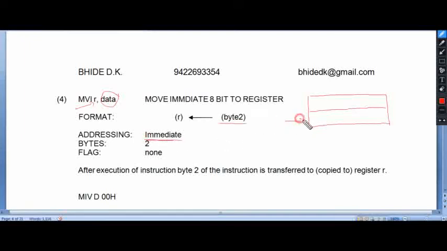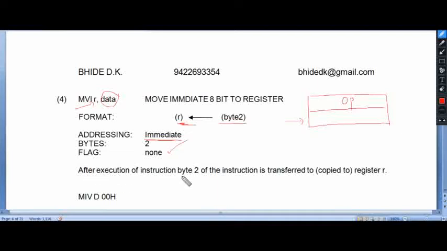When byte 2 of the instruction represents the number or content, then it is called immediate addressing mode. The first byte is the operation code, and the second byte is the number. That number goes to general purpose register R. Flags affected equal to none.